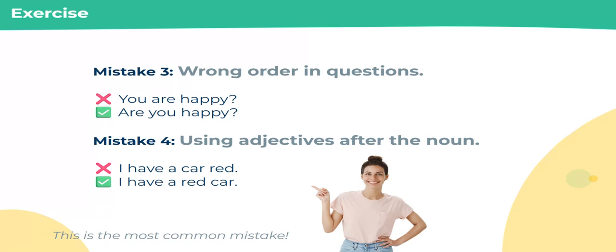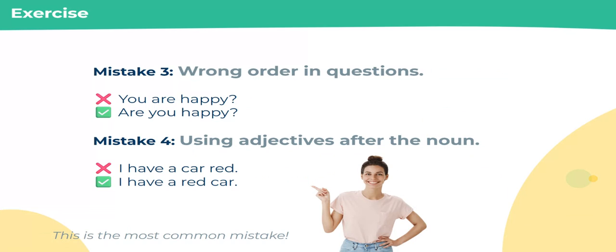Let's have a look at common mistake number 3. Wrong order in questions. For example, a bad order for a question: you are happy? We don't want to say that. We want to say, are you happy? And mistake number 4, using adjectives after the noun.